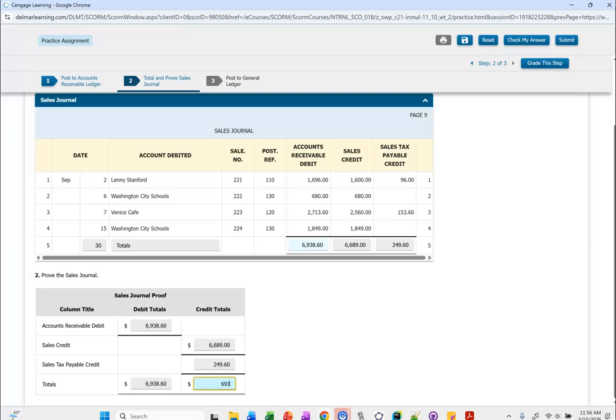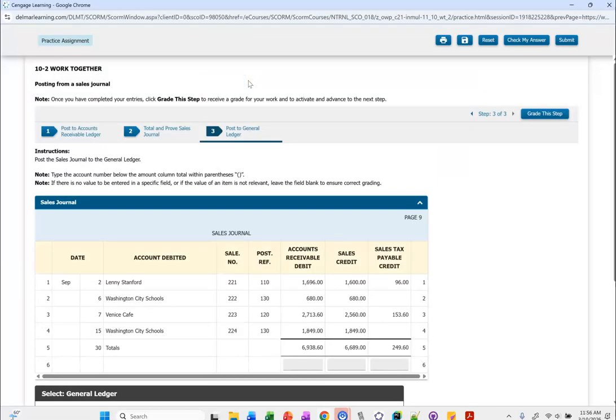And I notice that I get the exact same amount. This is just the form showing that, hey, check your work. We hit check our answer, everything looks good. We can grade that step.